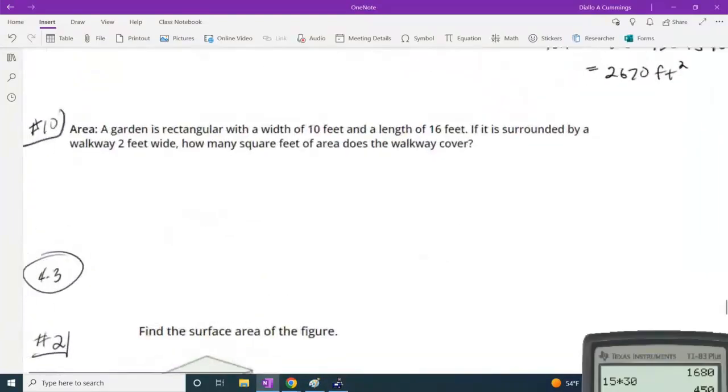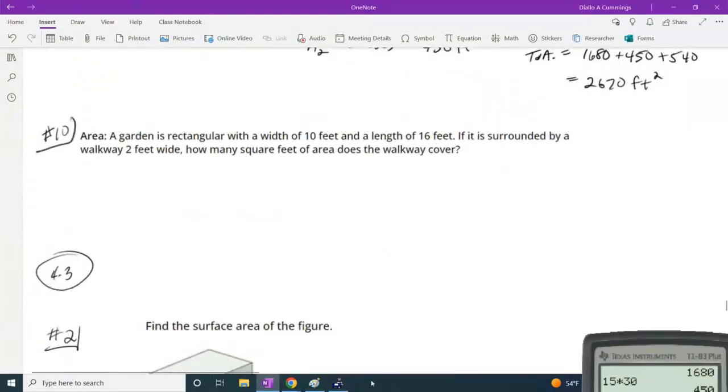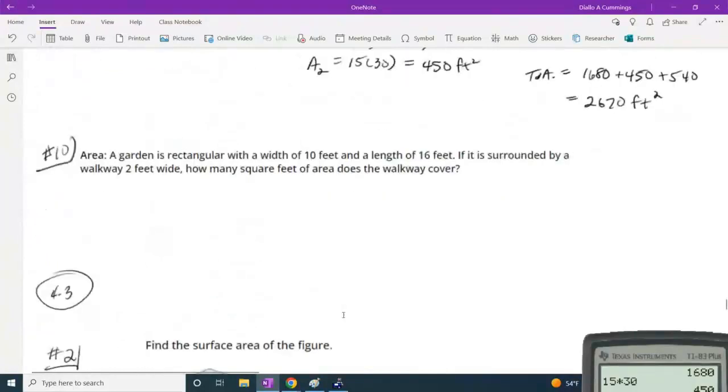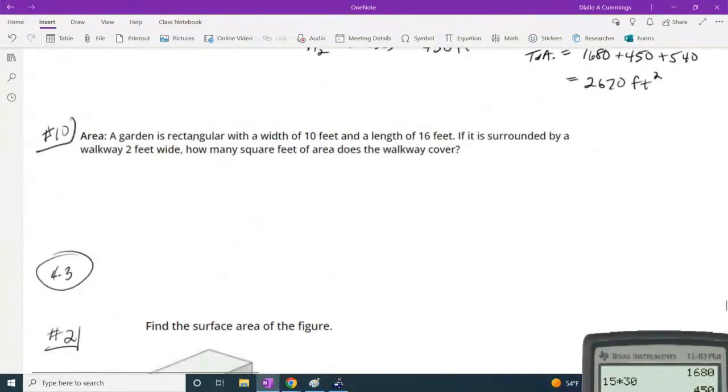All right, now let's take a look at number 10. It says that a garden is rectangular with a width of 10 feet and a length of 16 feet. So I'm going to sketch that out. So we got a garden.